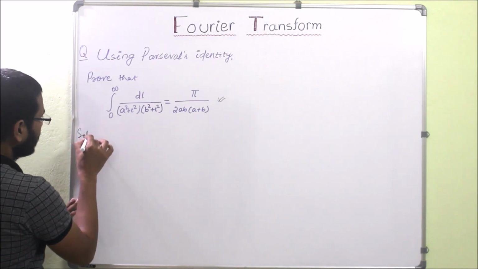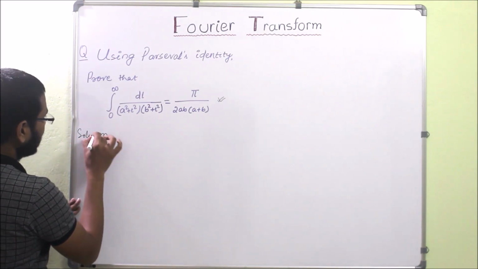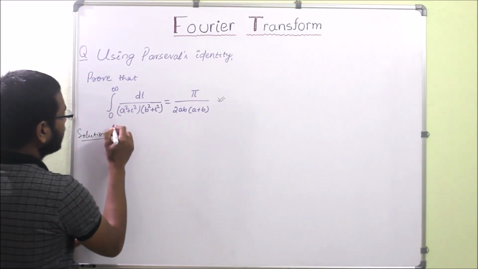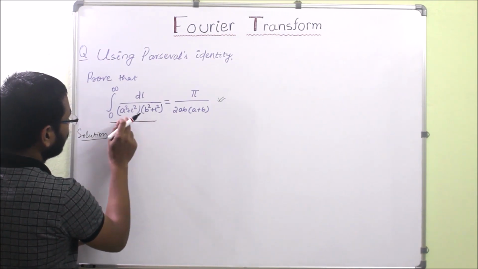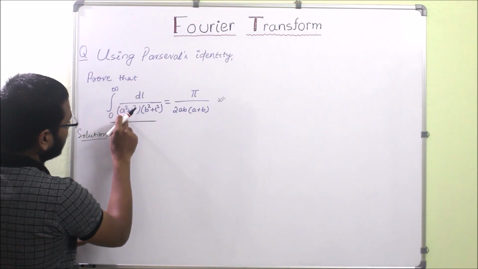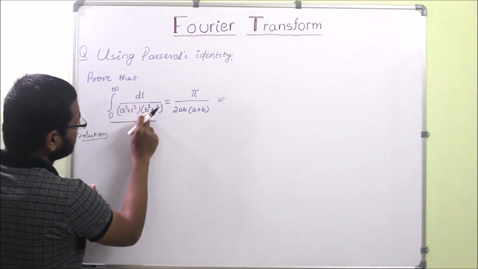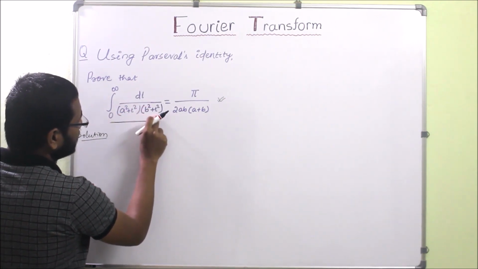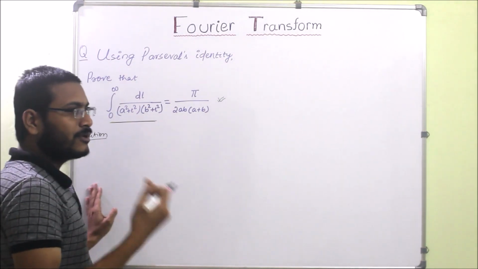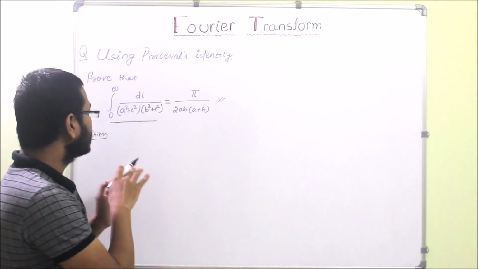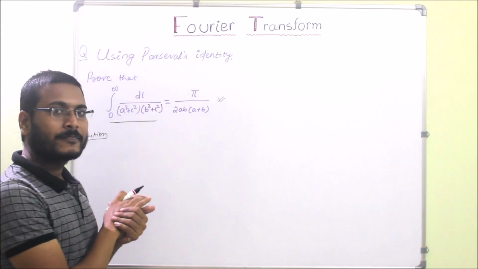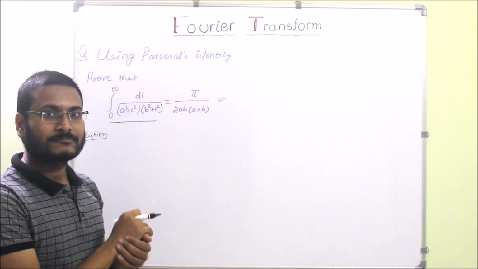When the problem is given, at that time we have to see the integral carefully. In the integral we have one factor 1 by a square plus t square, another factor is 1 by b square plus t square. If you remember, we have already established this formula in the previous classes.